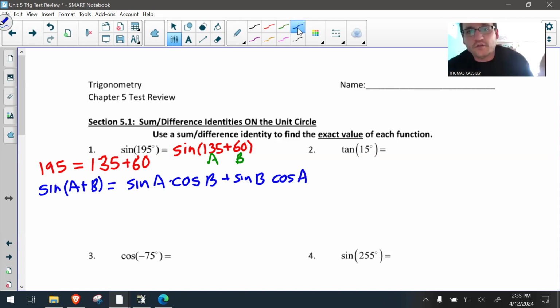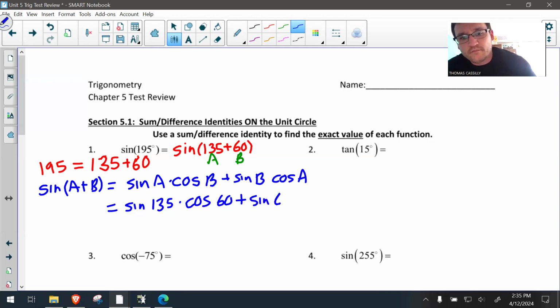So if we plug all of these in, we're going to have the sine of 135 times the cosine of 60, right? Plus the sine of 60 times the cosine of 135. Right?